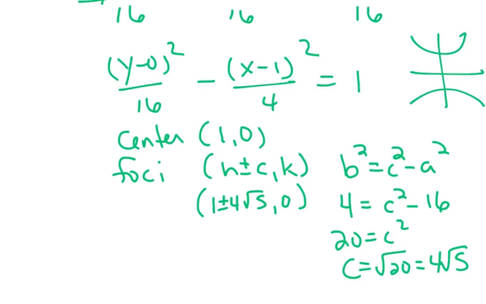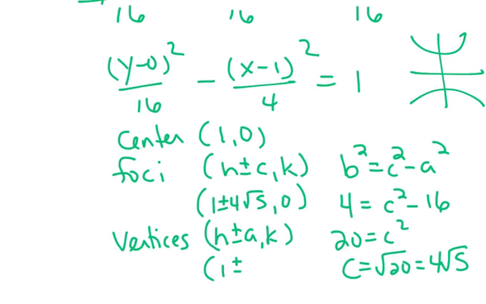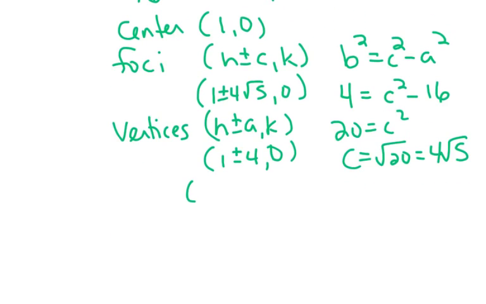The vertices of the hyperbola are at h plus or minus a, comma k. So they're at 1 plus or minus 4, comma 0, which is at 5, 0 and negative 3, 0.